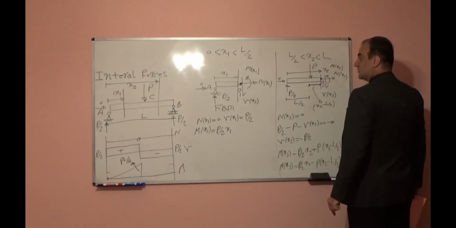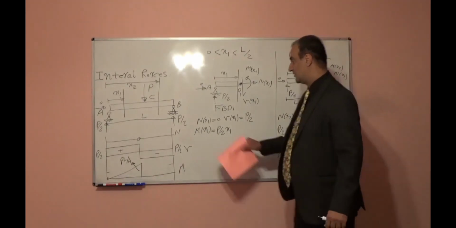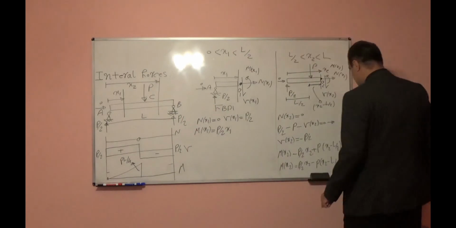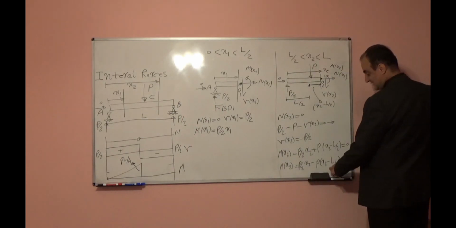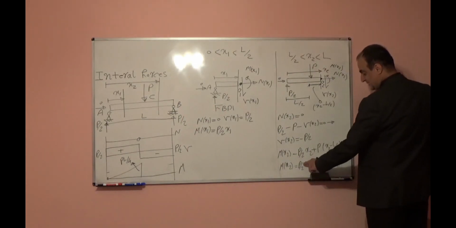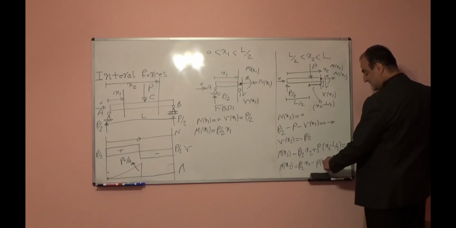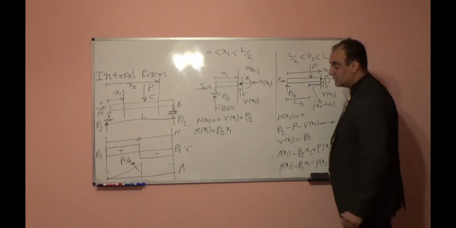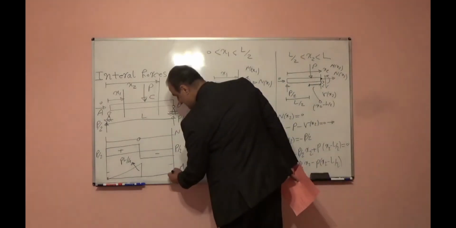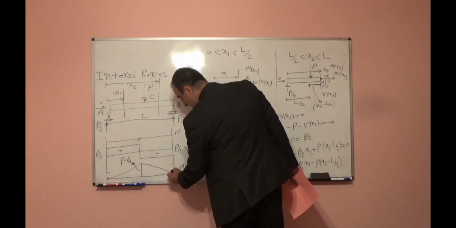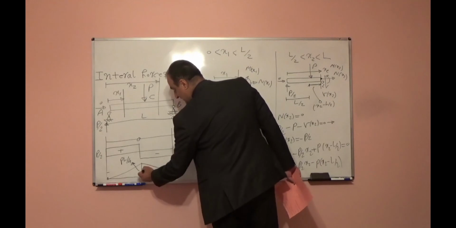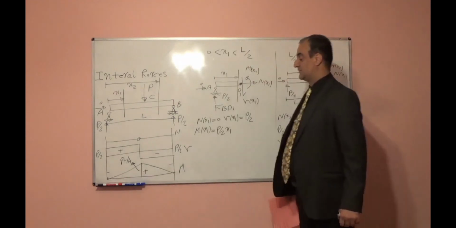At x2 equal to L, at point B, here you will plug L. In that case, this will be P over 2 times L. This will be negative P times L minus L over 2. You will get again 0. And again, function is linear and it is positive.